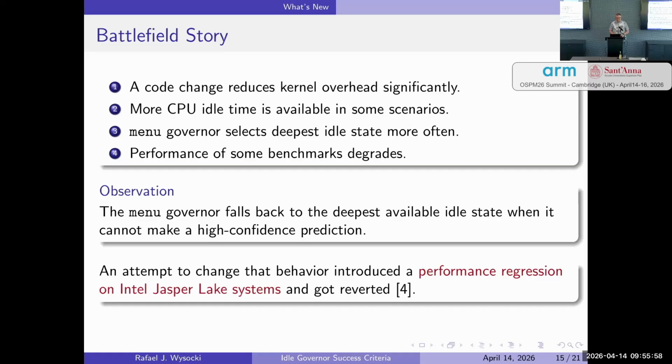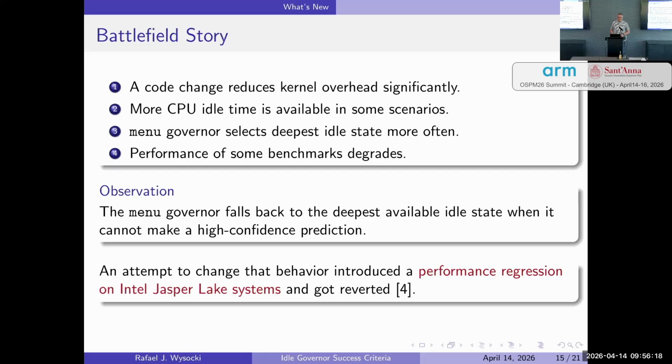An attempt was made to change the behavior, but it introduced a regression on some systems, and interestingly enough, it was not a power regression but a performance regression, which was totally unexpected at that point.